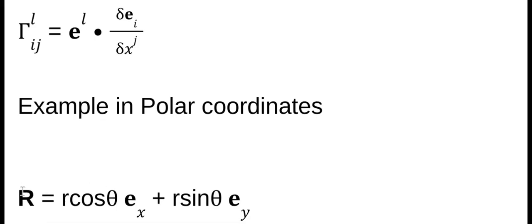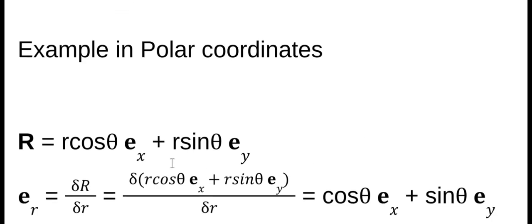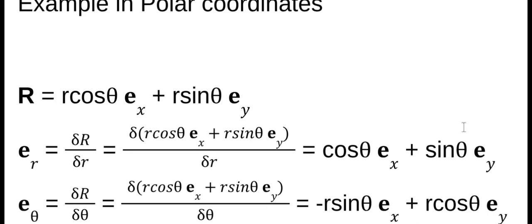We express a position vector as having an x component and a y component in the normal Cartesian basis of vectors. We take the derivative of that position vector with respect to r, and we get e_r. We take the derivative of that position vector with respect to theta, and we get e_theta, okay?